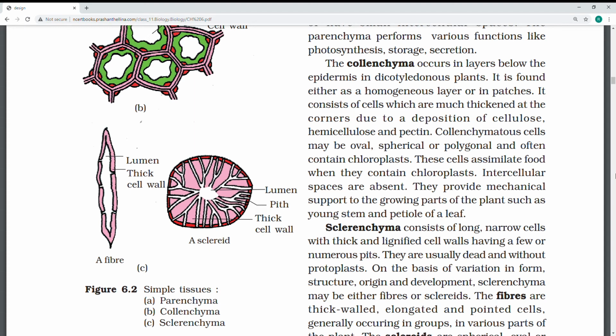See the sclereids: the cells are spherical, the lumen is present in the center, and the thick cell wall is present. Based on the sclereids, whether spherical or oval, they are highly lignified, with more lignin present. It is rigid. Because of this rigidity, the cells are called stone cells.